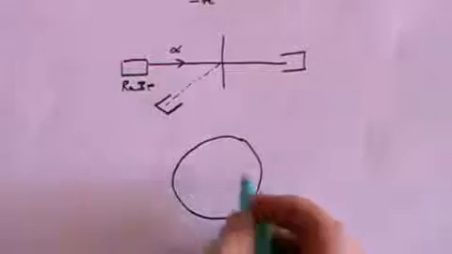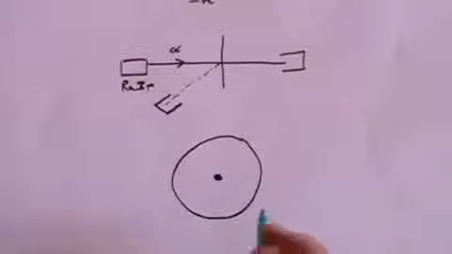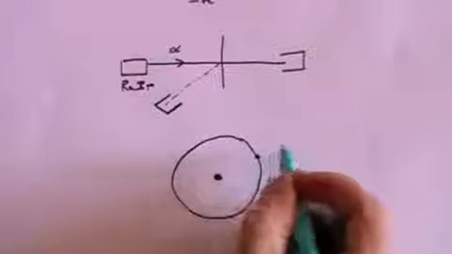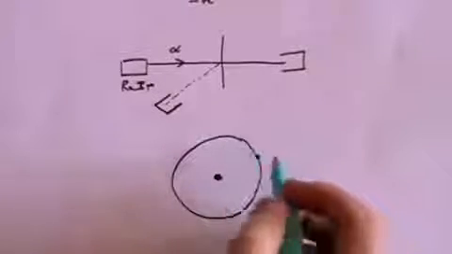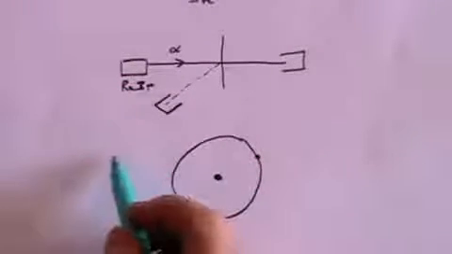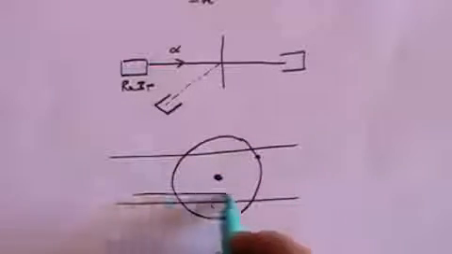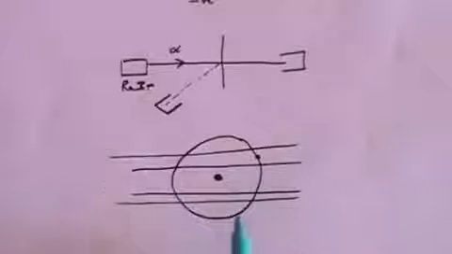Here is the atom. Here is the positive part of it in what is called the nucleus. And here is the negative part orbiting that nucleus. So then when the alpha particles come along, for the most part, they just go straight through the atom, because the atom consists of mostly nothing.